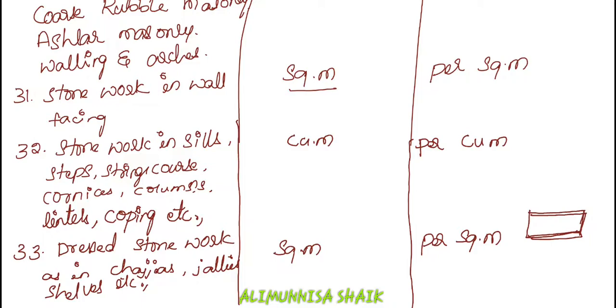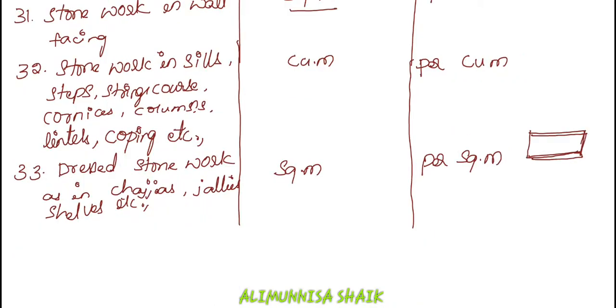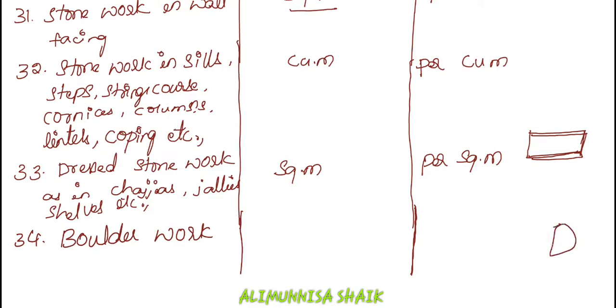The last item of work we are having in stone is the 34th one, boulder work. Boulder work is nothing but your somewhat irregular shaped stone works, having some regular or irregular shapes, which is generally called your ballast.